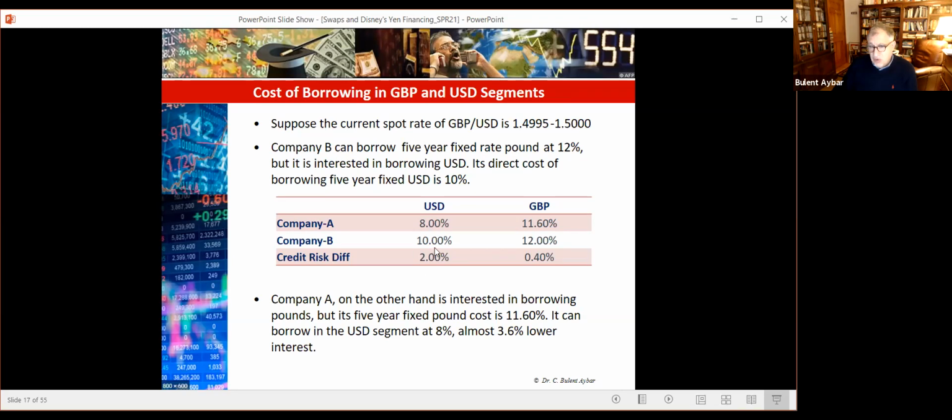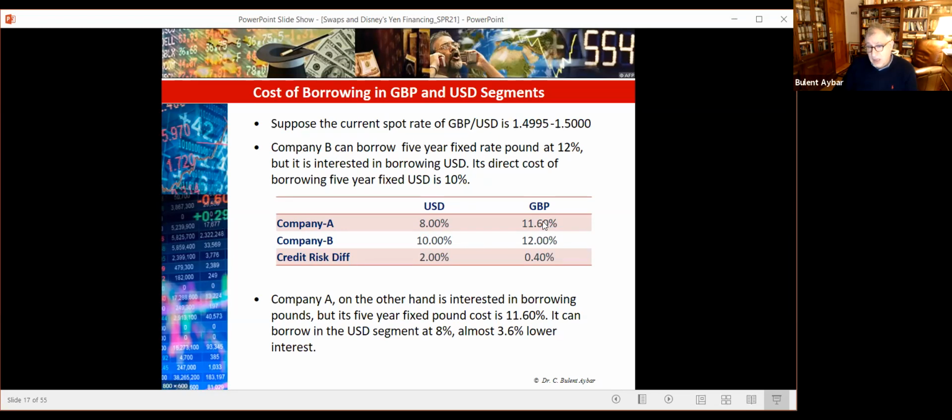But interestingly, when we look at the credit spread between these two companies, we see different pictures in here. First of all, it is clear that company A is a more credible company as compared to company B. So they can borrow in the US dollar segment at 8%, which is about 2% lower than what company B can do.